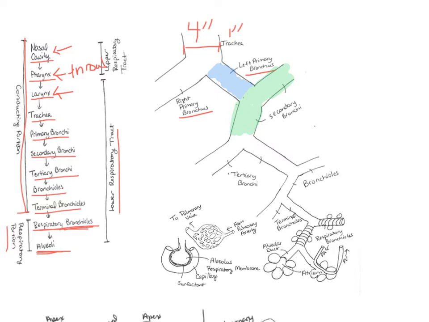Then those secondary bronchi, once they're into those lobes, are going to branch off and create these tertiary bronchi. Okay. And then the tertiary bronchi are going to branch off to form bronchioles.